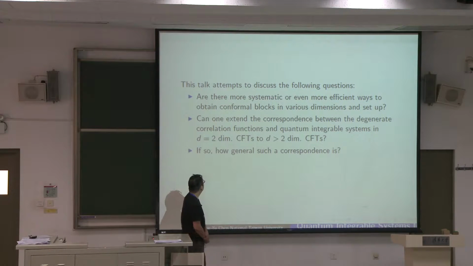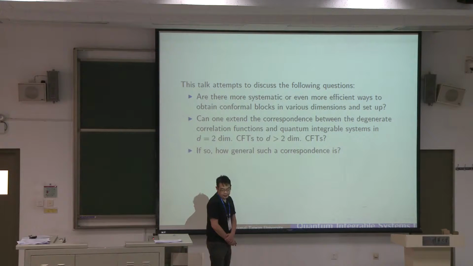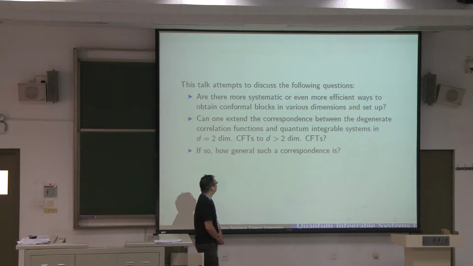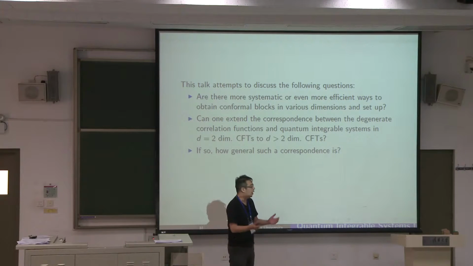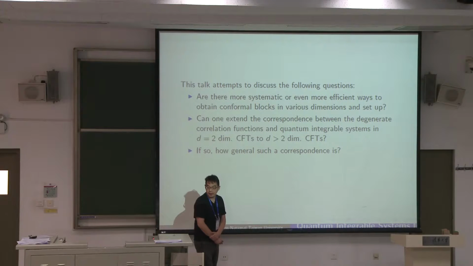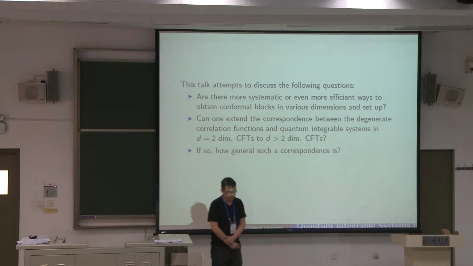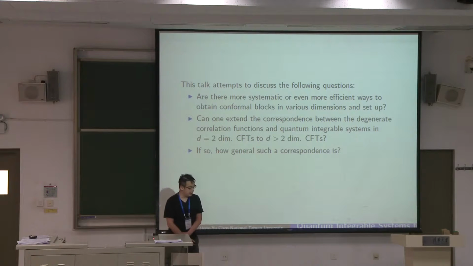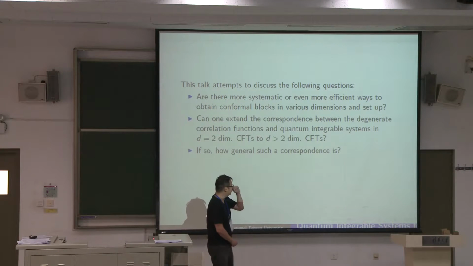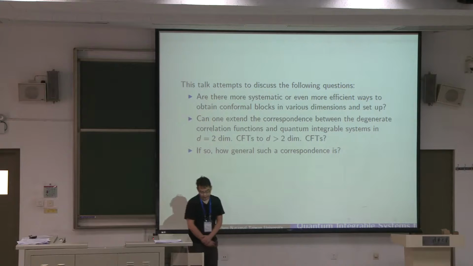The first one is: are there more systematic, or perhaps unified and even more efficient, ways to obtain the conformal block in various dimensions and also in various setups? For example, going beyond the usual game of bootstrapping the scalar conformal block, if you start to look at things with space-time indices, then the story becomes more complicated.